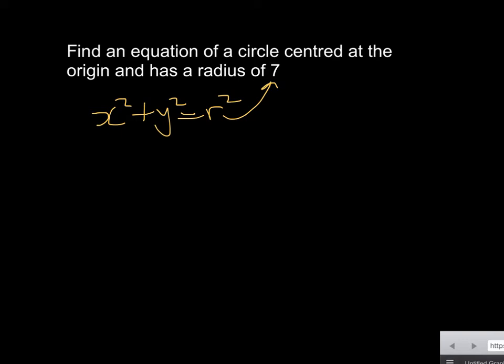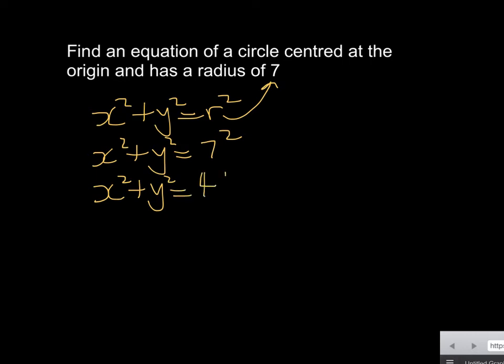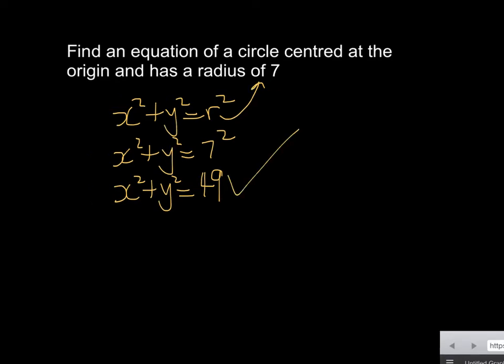So the radius is 7. All I'm going to do is plug in x squared plus y squared is equal to 7 squared, and finish it off as x squared plus y squared is equal to 49. And that's all we need to do. There's our equation of the circle.